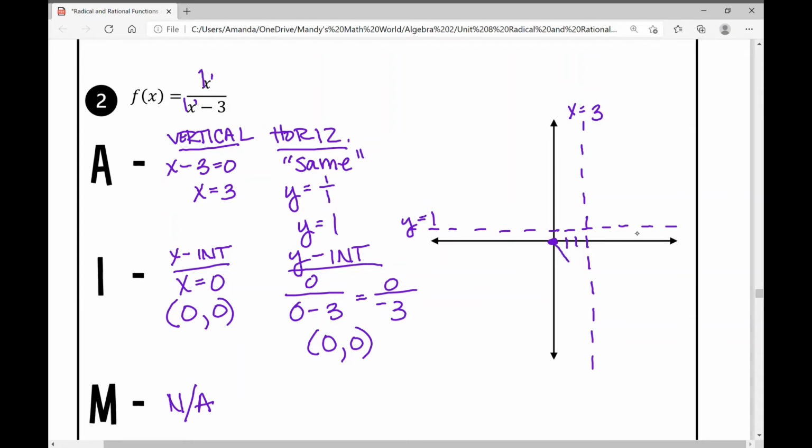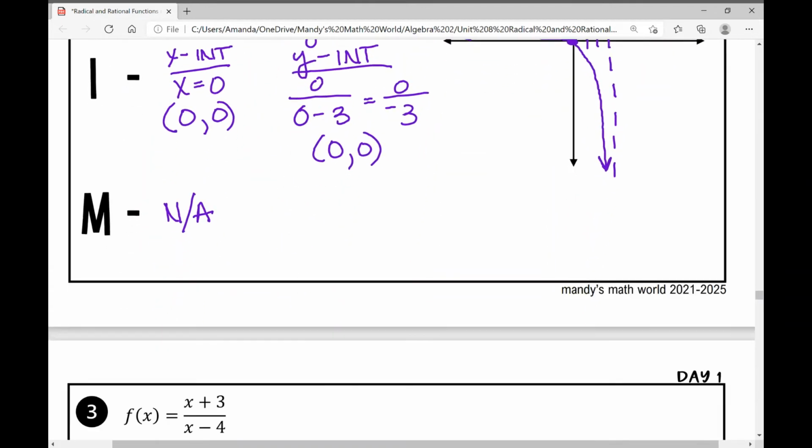So I know it's going to pass through that point and approach this asymptote, and pass through that point and also approach that asymptote. And because there's no multiplicity, I know the function is not going to meet at this asymptote. I know it's going to be in this upper right quadrant. Okay, so it's going to look like that.